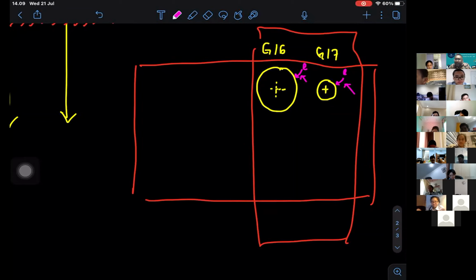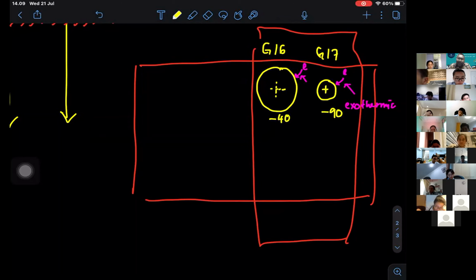Since there is better bonding taking place, this is bond formation, so it's going to be exothermic. If I put it in terms of numbers, let's say I give you a number: this is -90, for example, and this one, if I ask you to predict, maybe -40.